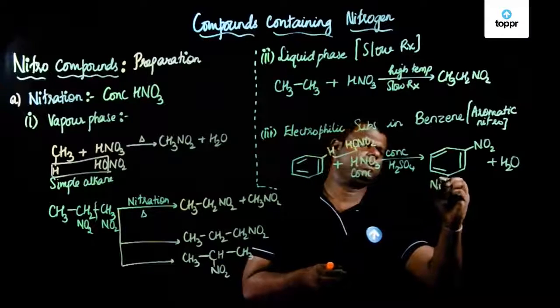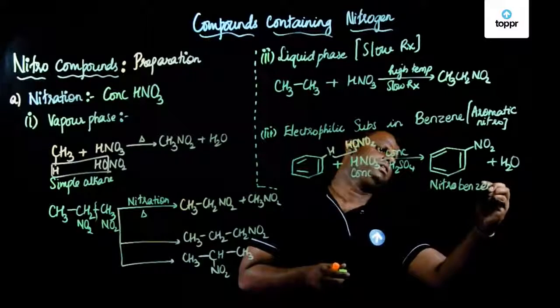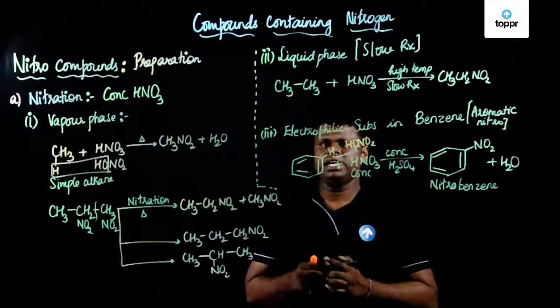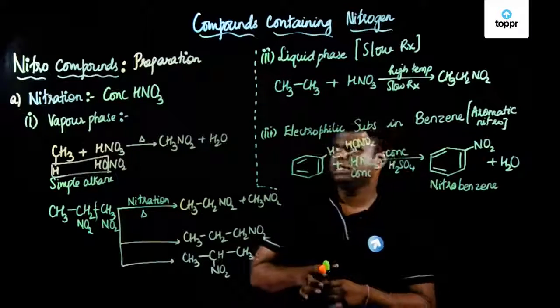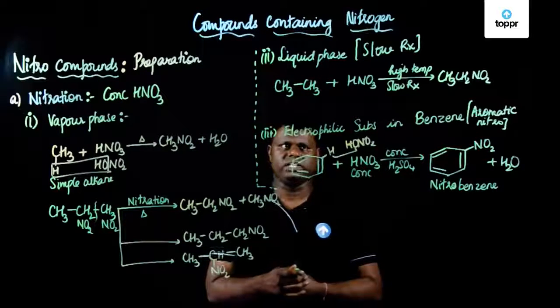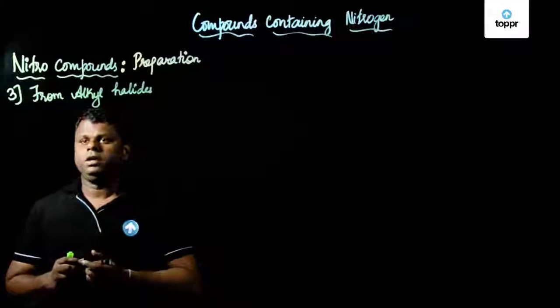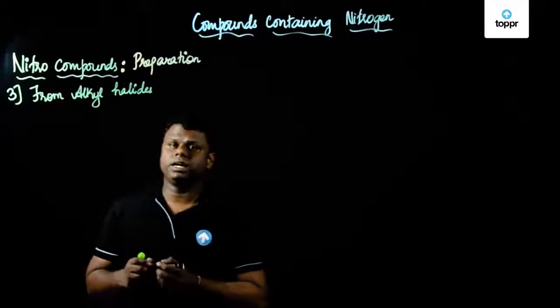So this is what you get. This was about the nitration reaction, vapor phase nitration as well as electrophilic substitution to prepare a nitroarene. Now the next method is from alkyl halide.